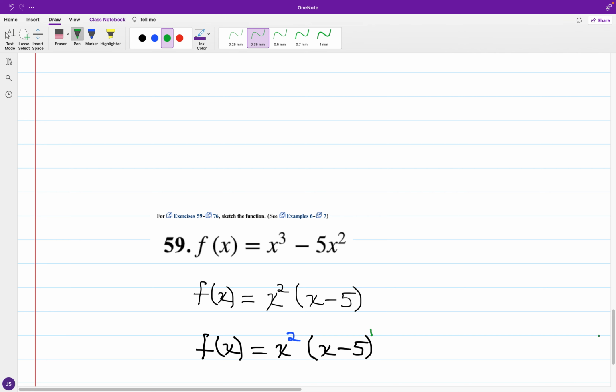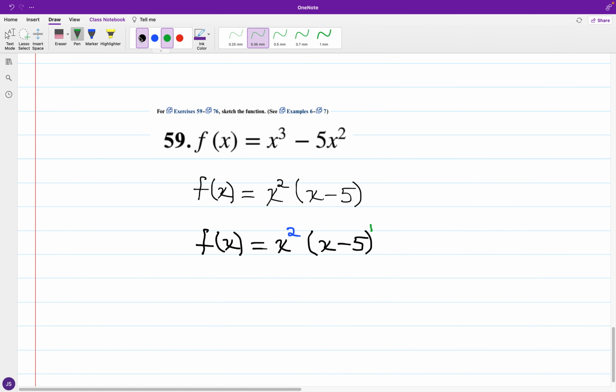is to the first. Looking at the zeros, from the x factor we have x is equal to 0, and from the x minus 5 factor we have x is equal to 5.